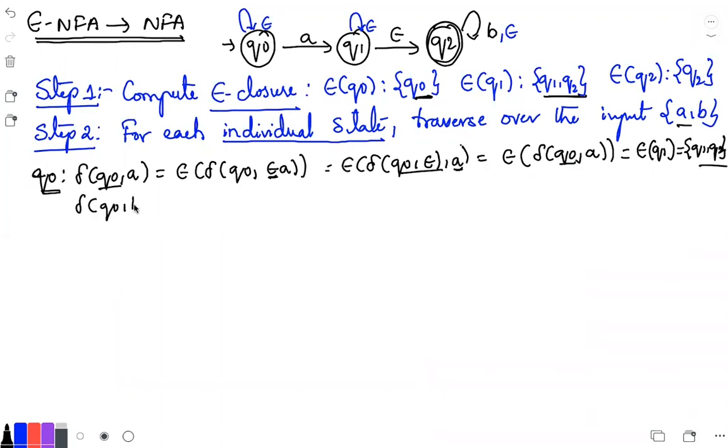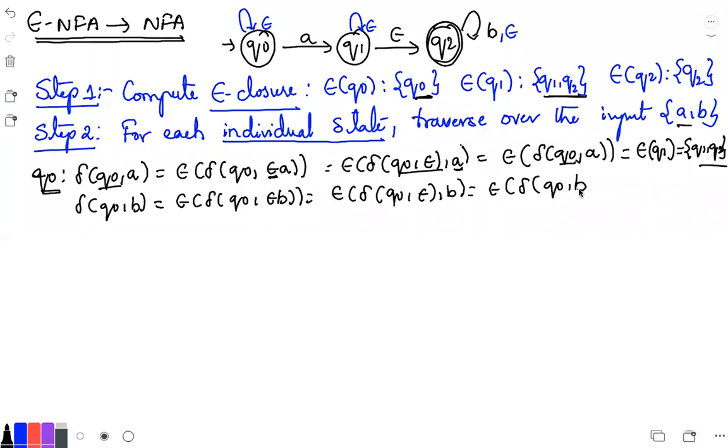Now Q0 on B: epsilon closure of delta of Q0 on epsilon comma B. Q0 on epsilon is the epsilon closure of Q0, which is Q0. Then Q0 on input B gives nothing, so phi. This is the case of Q0.